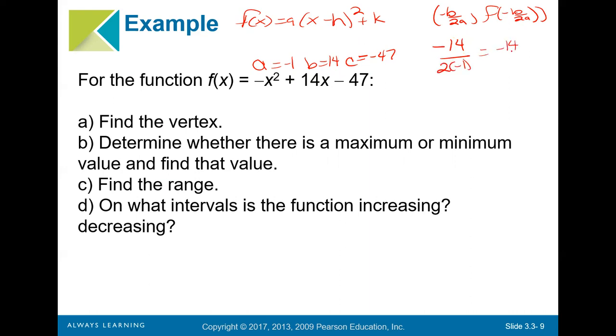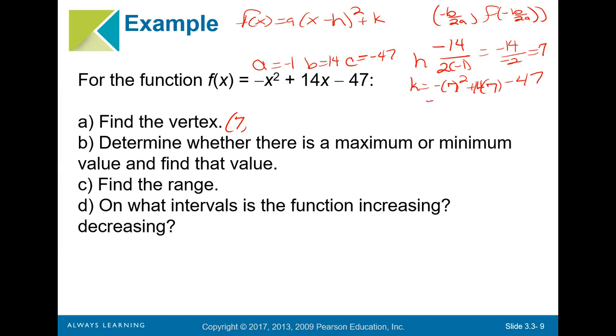So I got -14 over -2, which is +7. So now I know what H is. So far, good. It's 7. Let's find what my K value is. My K value is, we are going to plug in everywhere I see X in the function, my answer for H, which in this case is 7.